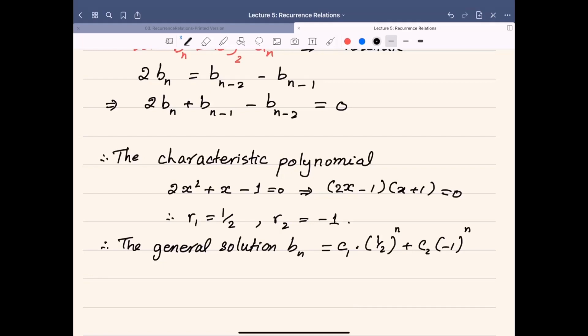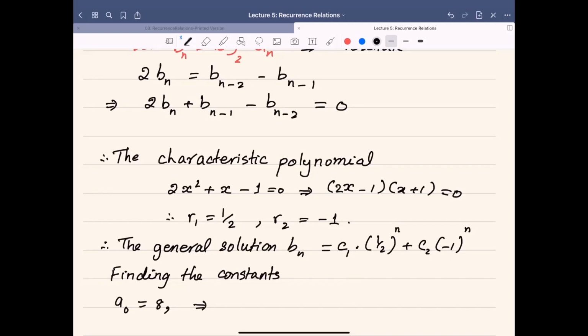Now we need to find the constants. But we need to find the constants of the new recurrence relation. What was given in the beginning? What was given in the beginning is that a_0 was equal to 8.